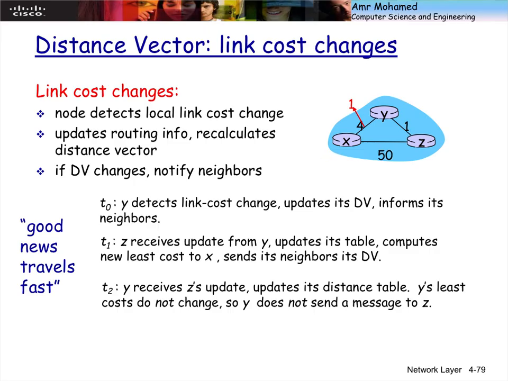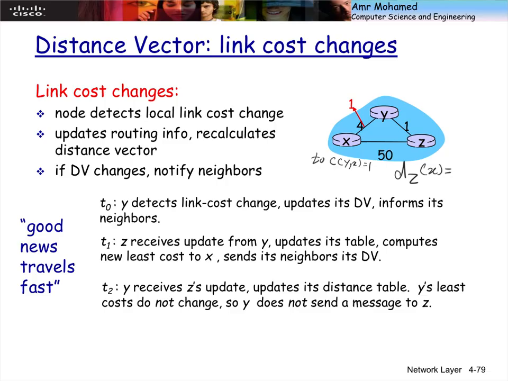So at time t0, this is very important. At time t0, node Y knows that the cost from Y to X is now 1. And node Y receives the distance from Z and from X. What is the distance that Z reports to Y about reaching X? 5. Who agrees with that?